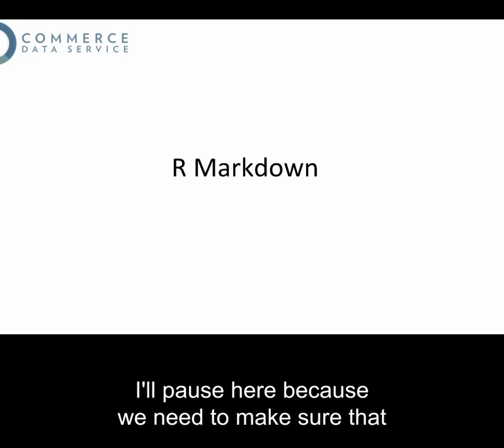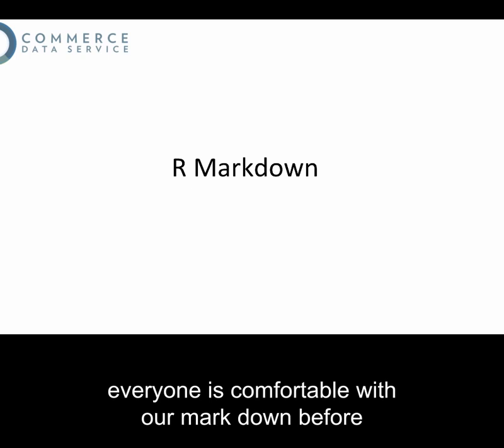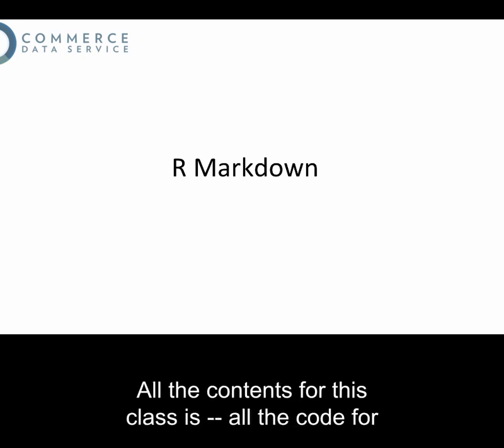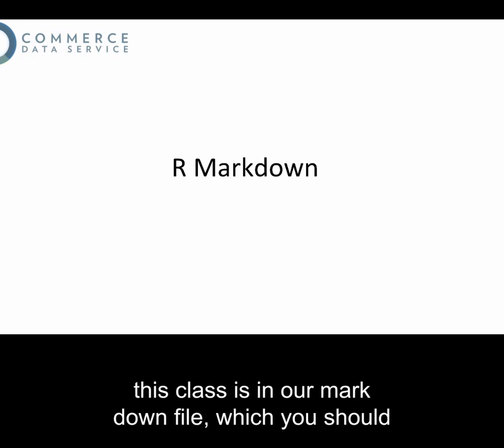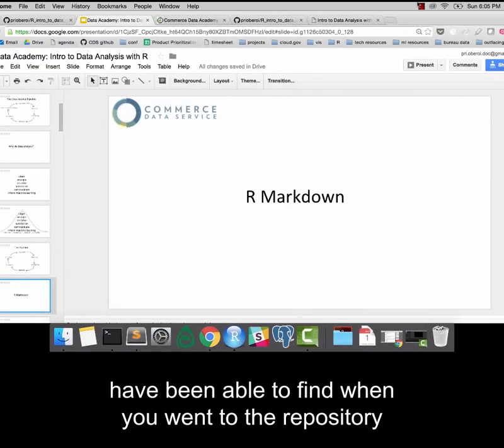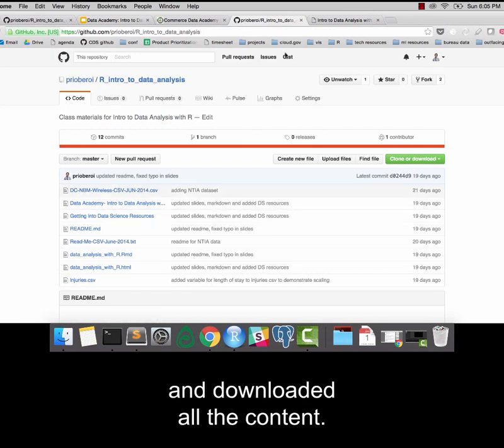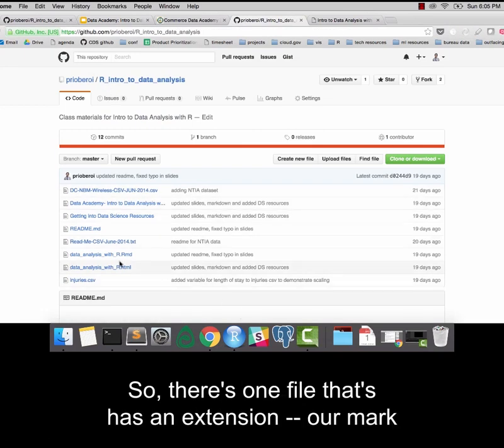I'll pause here because we need to make sure that everyone is comfortable with R Markdown before we go forward. All of the code for this class is in an R Markdown file, which you should have been able to find when you went to the repository and downloaded all the content. There's one file that has the R Markdown extension.